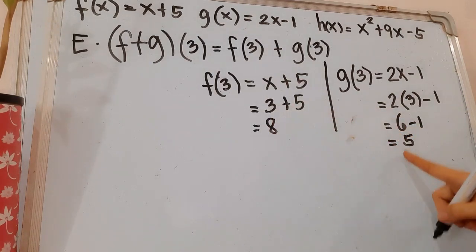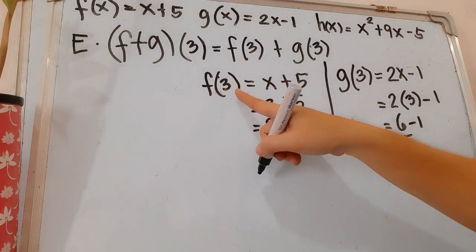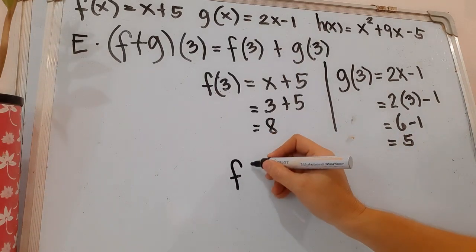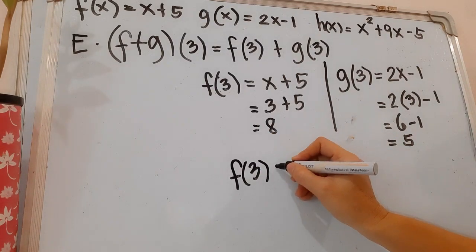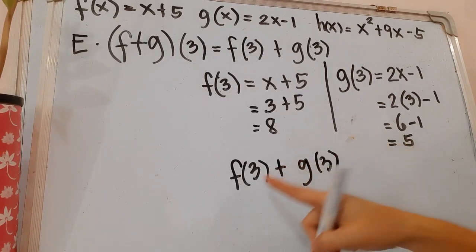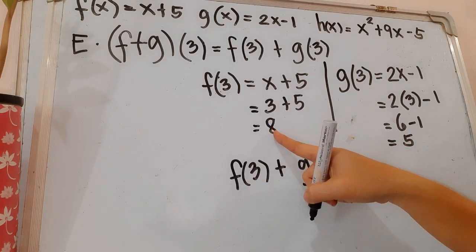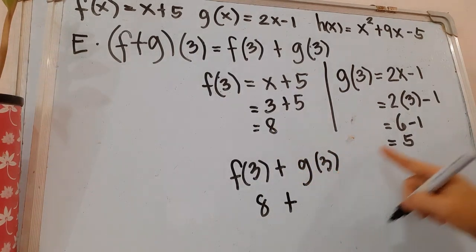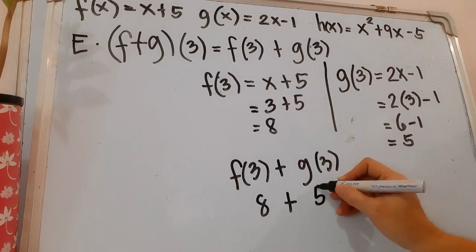Now, adding the two functions, f of 3 plus g of 3. Our f of 3 is equal to 8 plus our g of 3 is equal to 5.